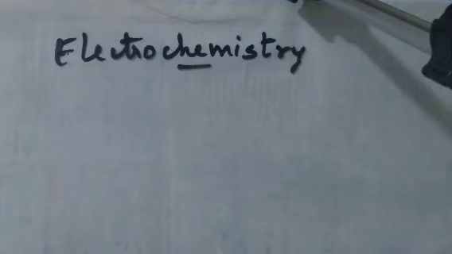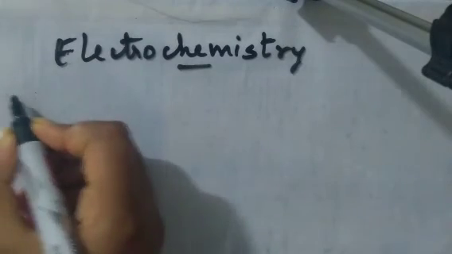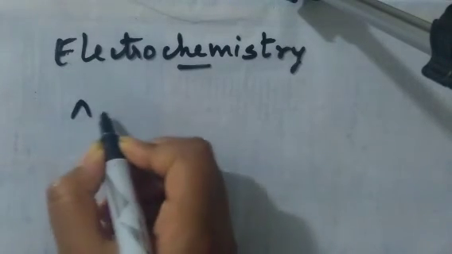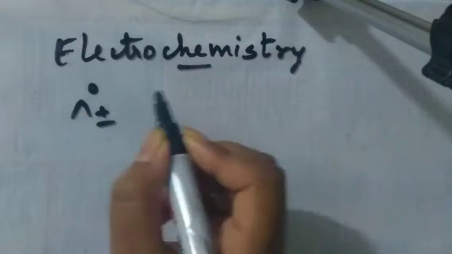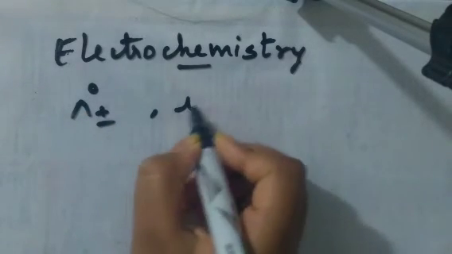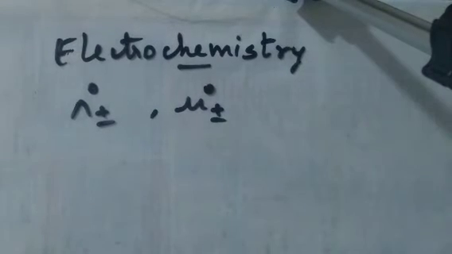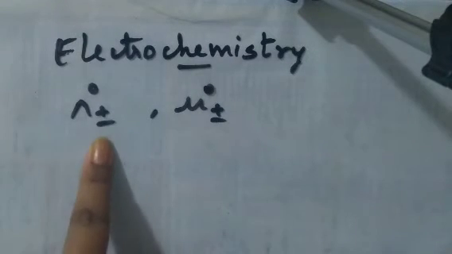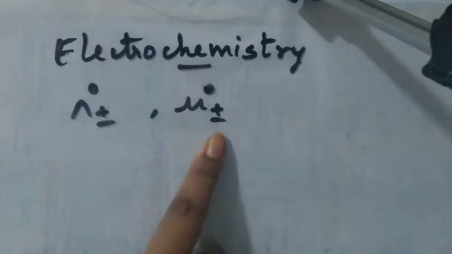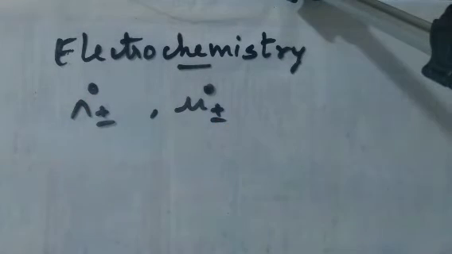Next we'll see the relationship between molar ionic conductance and mobility. Molar ionic conductance is given by lambda plus or minus at infinite dilution, and ionic mobility at infinite dilution. In earlier videos we saw that as mobility increases, molar conductance also increases, right?